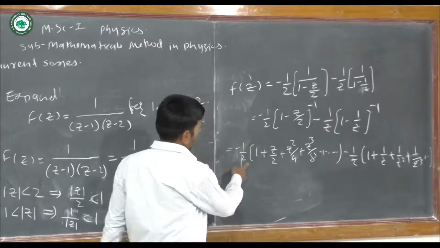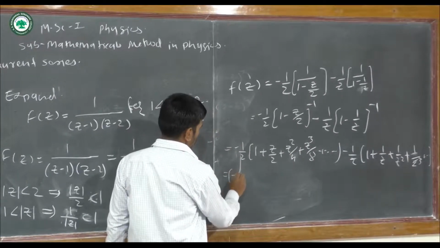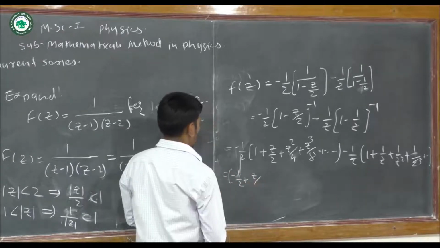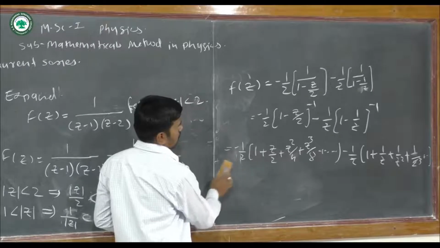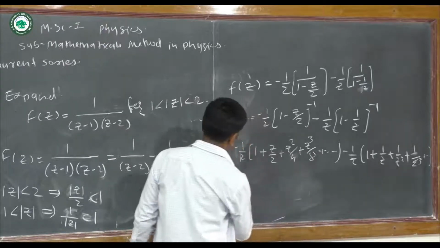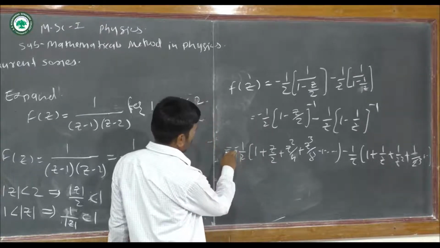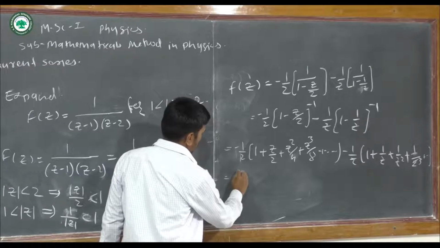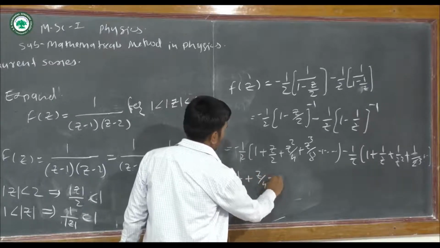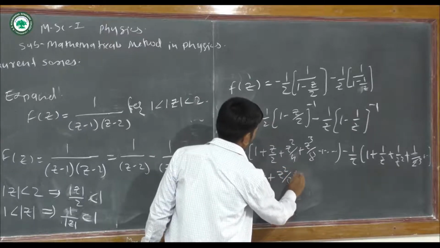Now if I multiply these, here is a minus sign and here is also a minus sign, so I neglect the minus sign. It is 1 by 2 plus z by 4 plus z square by 8, and so on.